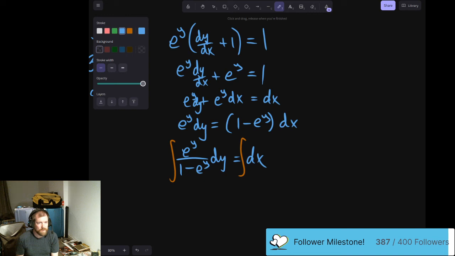Okay, so if we let u be equal to 1 minus e to the y, then du is going to be equal to negative e to the y dy. Which we don't have because we need a negative then.